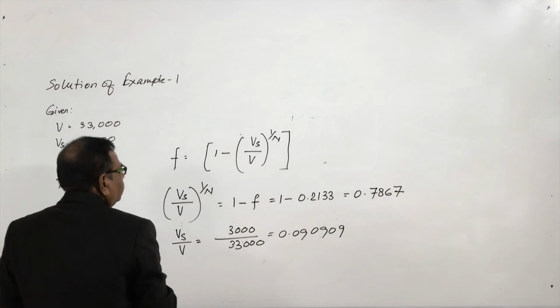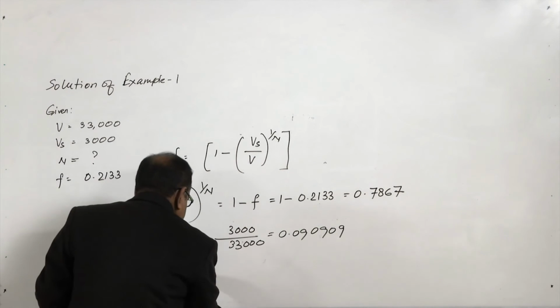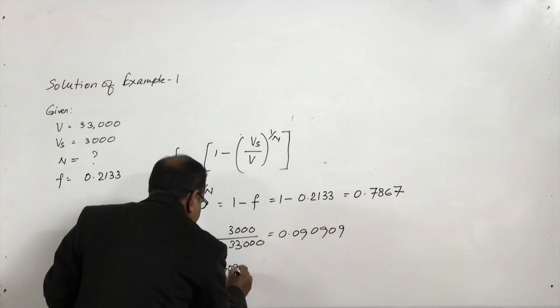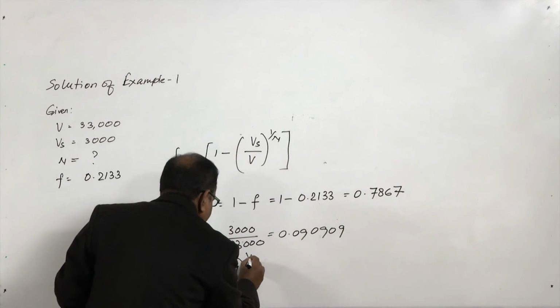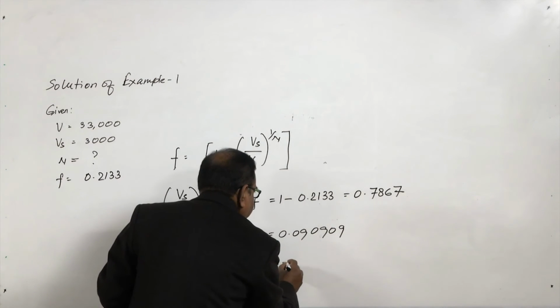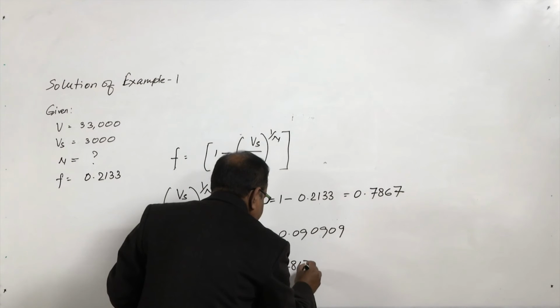So, 0.090909 to the power 1 by n is equal to 0.7867.